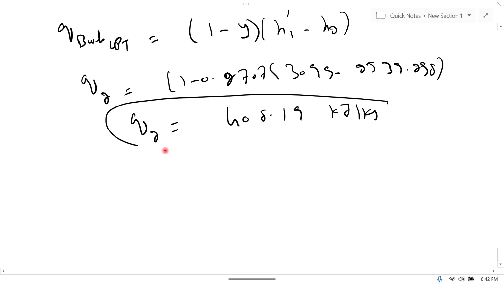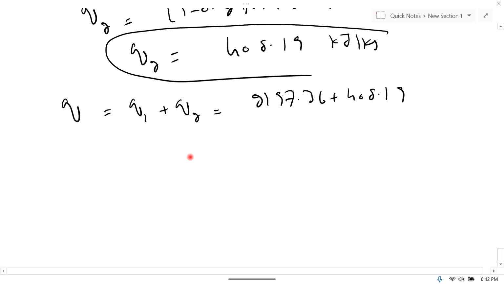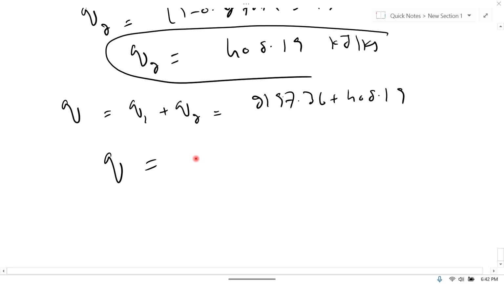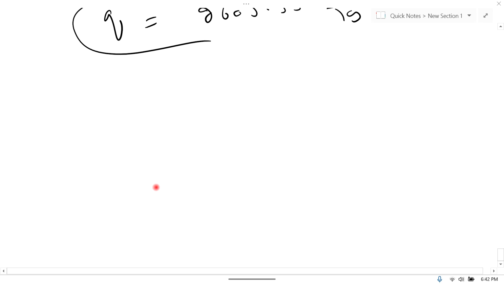Now total heat added in the boiler is Q equal to Q1 plus Q2, which is equal to 2197.36 plus 408.19. So Q is equal to 2605.55 kilojoule per kilogram. Now we can easily find cycle efficiency.